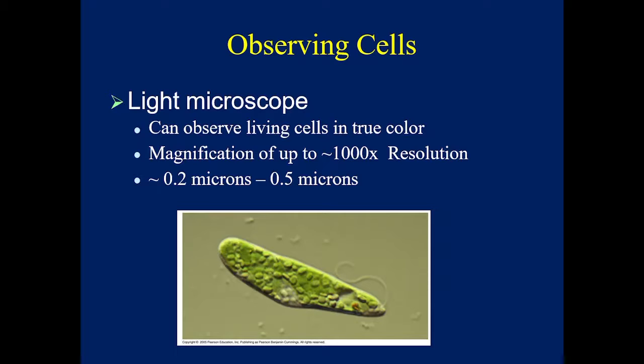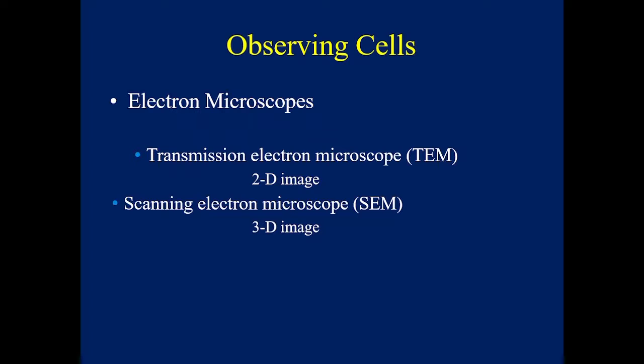A light microscope can observe living cells in true color, with magnification up to approximately 1000x, and resolution of about 0.2 to 0.5 microns. For the electron microscope, there are two important types, which we generally call TEM and SEM, that is, transmission electron microscope and scanning electron microscope.